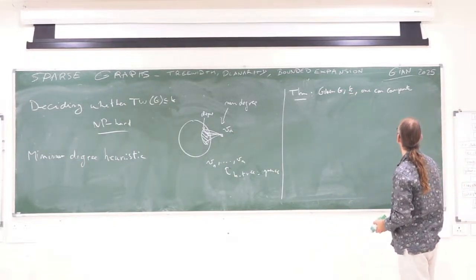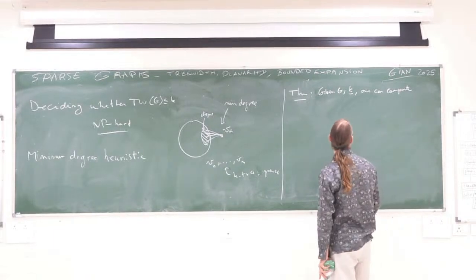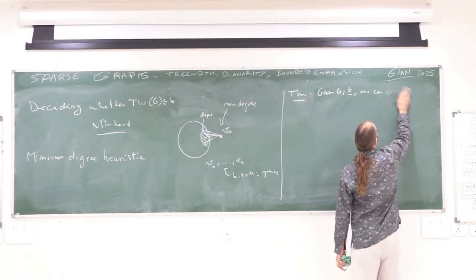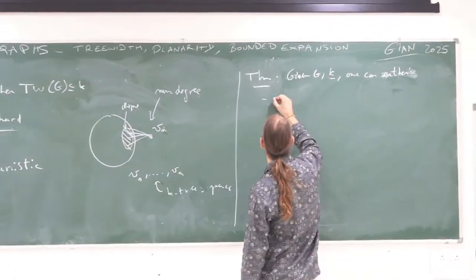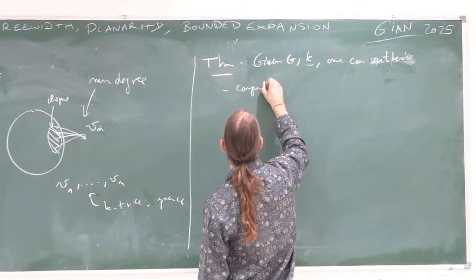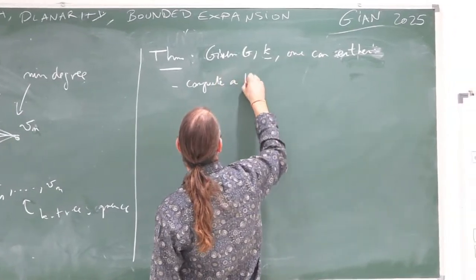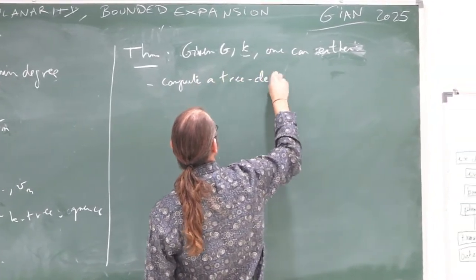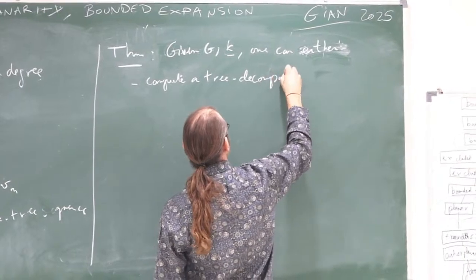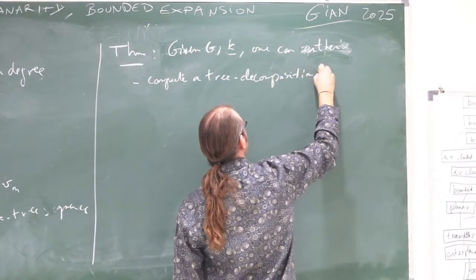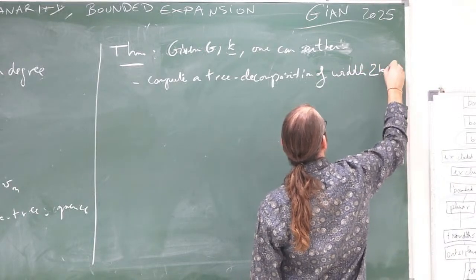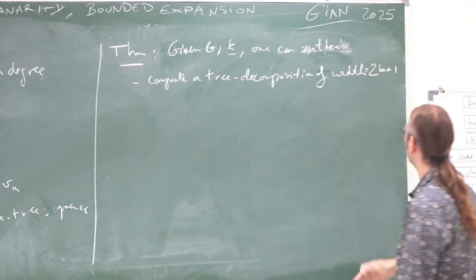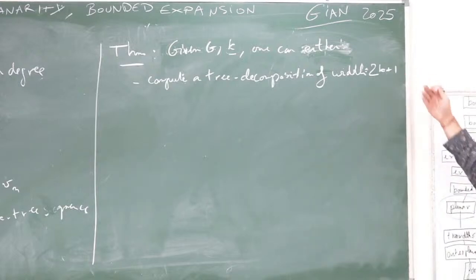So one can either compute a tree decomposition of width k plus 1. So you can see it as a 2 approximation.